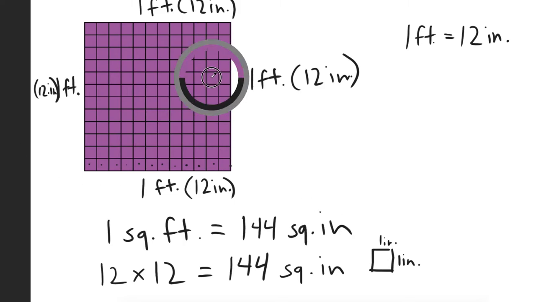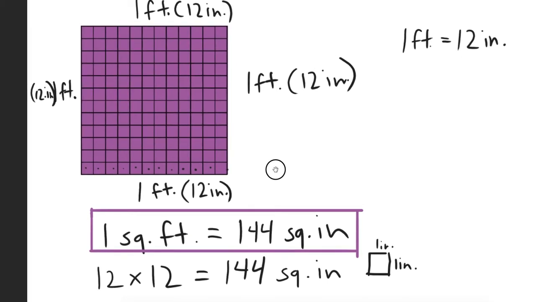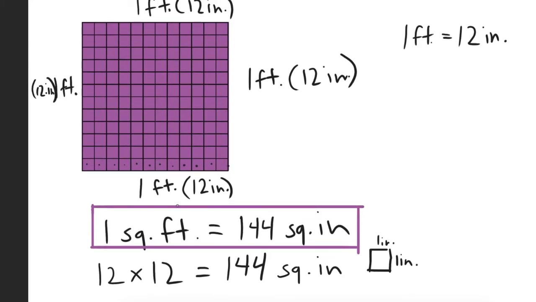That's one of the measurements you have to keep in your head, kind of like how you know that 1 foot equals 12 inches. Now you have to know that 1 square foot equals 144 square inches, not 12 square inches, because that wouldn't make sense. It would take a lot more than just 12 square inches to fill in my square foot.